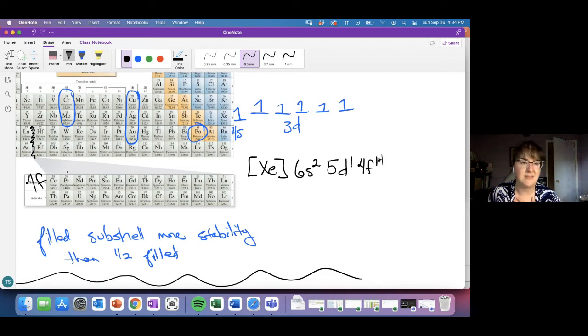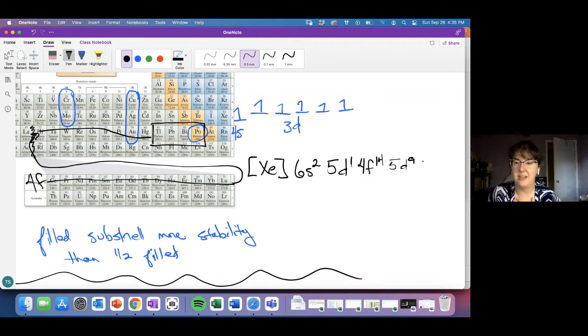After you go 4f14, then you come back in here, and then she did something like 5d9. And that gets you all the way through this part. And then we're finally back in the p block, and we're finally back to 6p4.